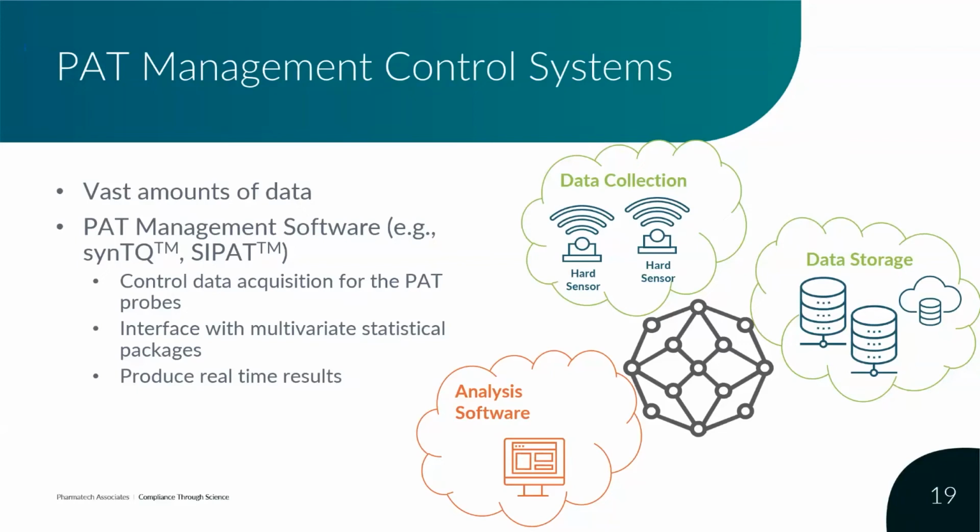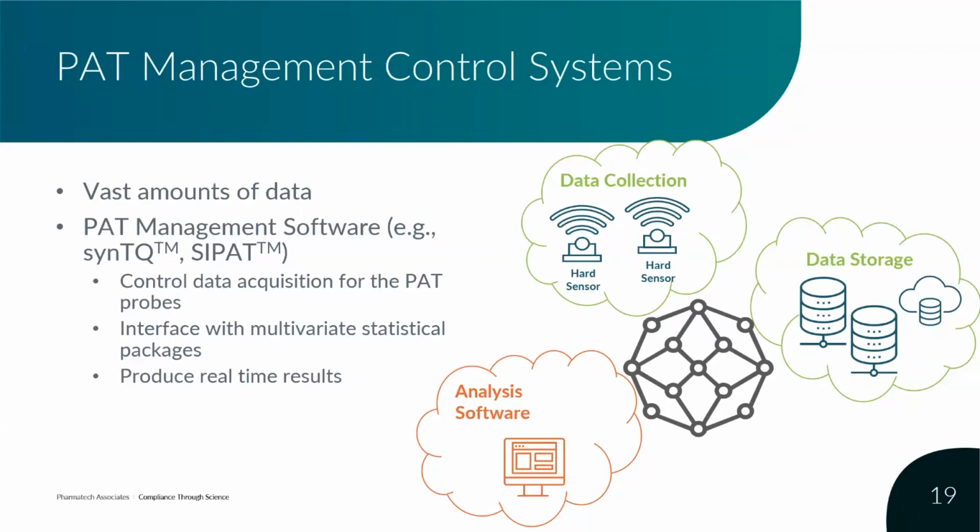An important understanding here is that these process analytical technology tools convert spectral values into meaningful data that can be correlated with a critical quality attribute. The systems I'm discussing control data acquisition from the actual probes.